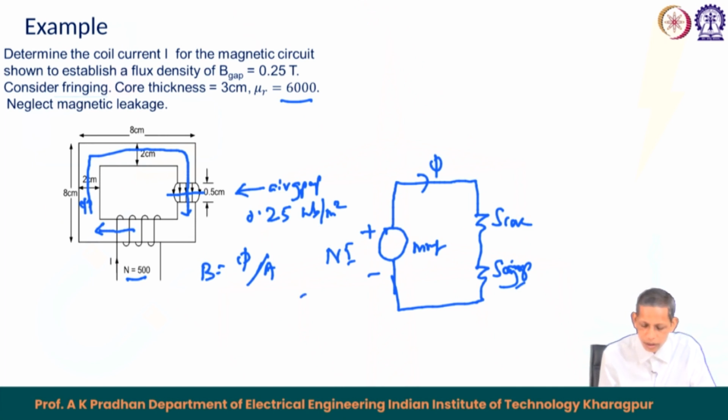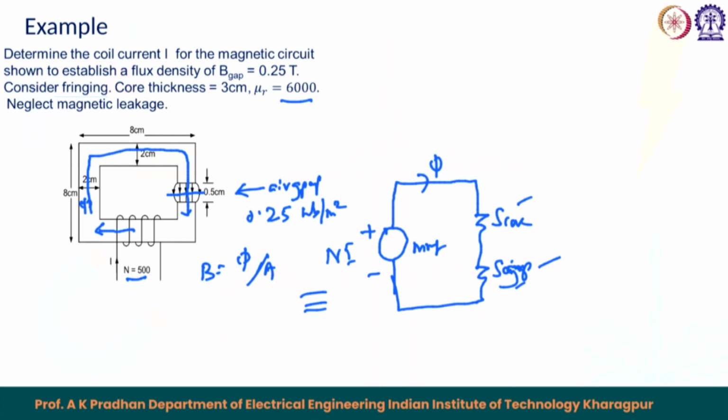If we can find the air gap reluctance and the core reluctance, then we can find the equivalent S, and if we know phi, we can multiply with that and find the ampere turn required.